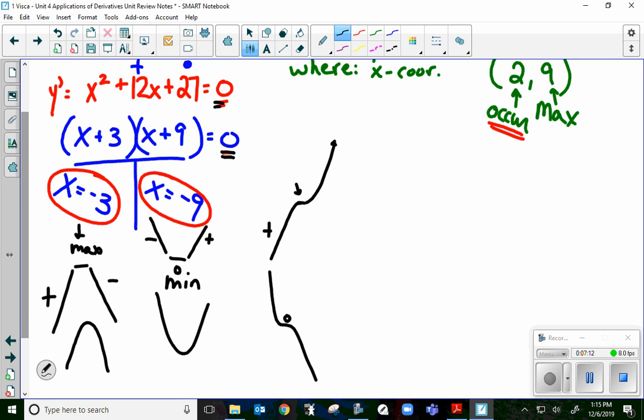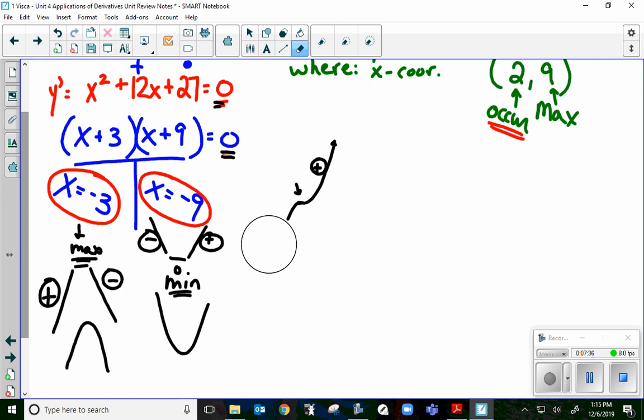So what do we know? Okay, if the signs are the same of the derivative or slope on both sides of my 0, negative to negative, positive to positive, then there is no min or max. The signs have to change. I have to go from positive to negative, and I know I have a max. Or I have to go from negative to positive, then that tells me I have a minimum.